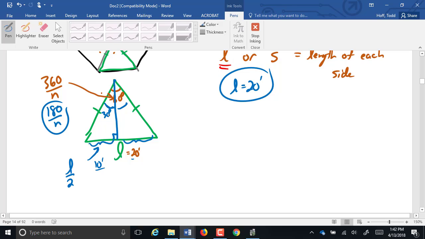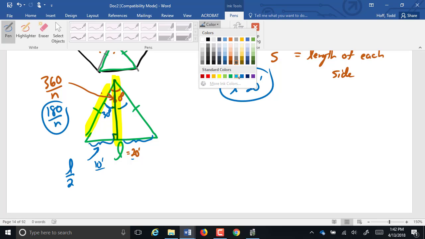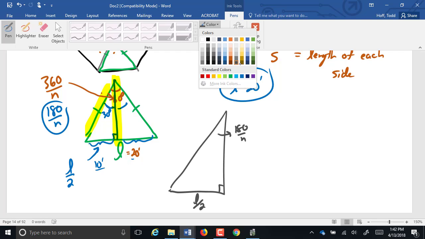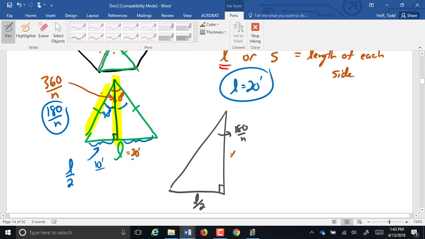So now, really what we want on here is not this length, we want this altitude. So let's find that altitude. We have this angle here, which is 180 over n. This down here, which is L over 2. We're looking for this here. I'm going to call this x for now. Tangent of 180 over n equals L over 2 over x, right?